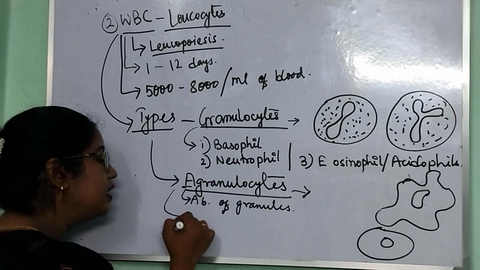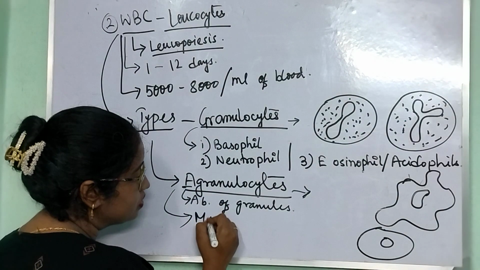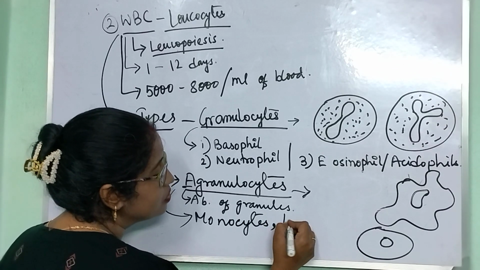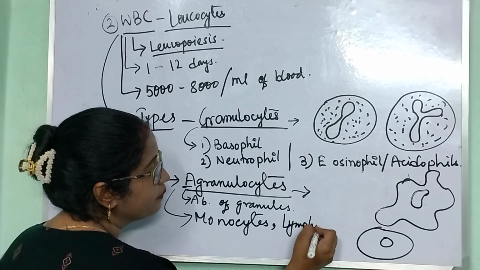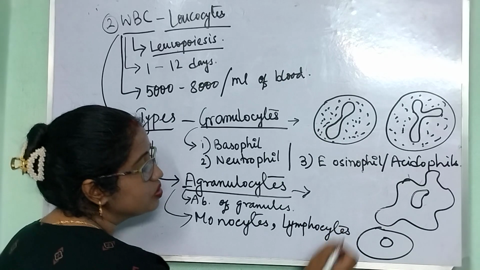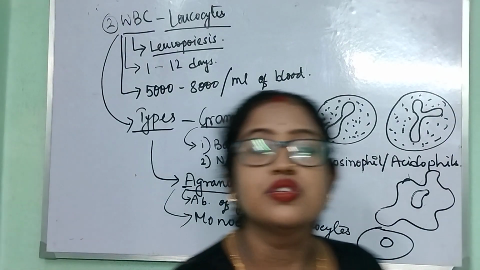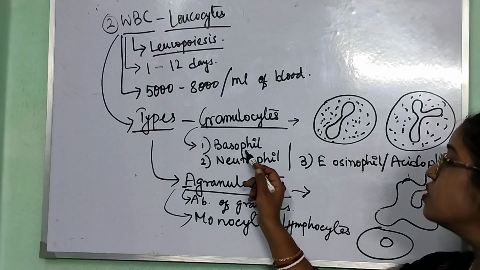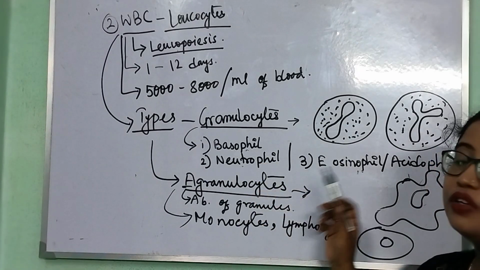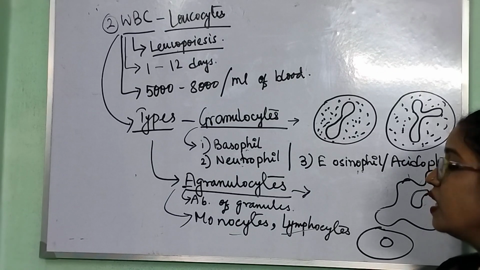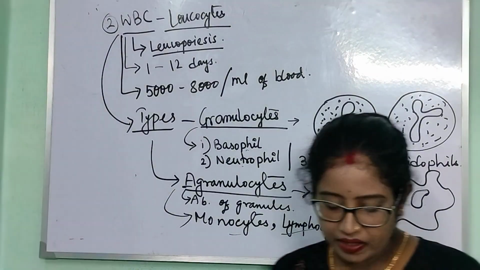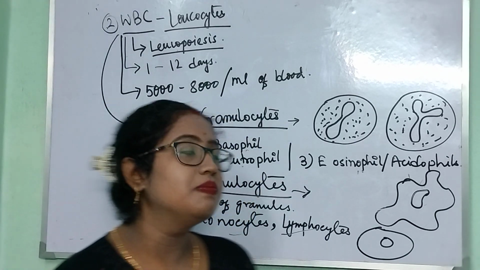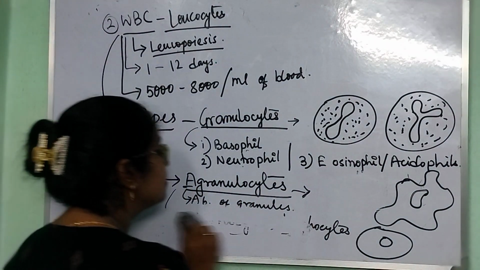Agranulocytes are basically of two types, monocytes and lymphocytes. So there are basically five types of WBCs: basophil, neutrophil, eosinophil, and two types of agranulocytes, monocytes and lymphocytes.